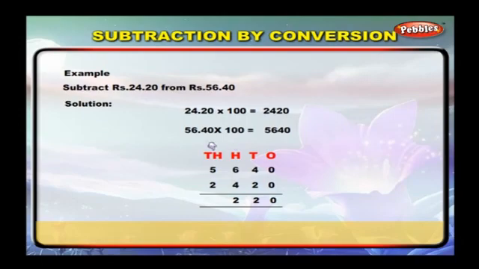Subtract thousands. 5 minus 2 is equal to 3. We get 3,220. Step 4. Put a dot in the difference amount in the dot column. We get 32.20 as the answer.